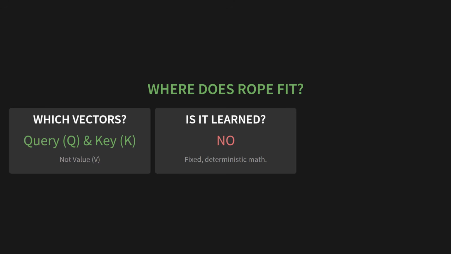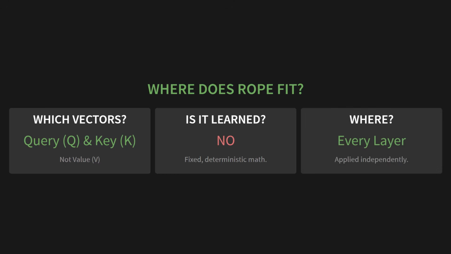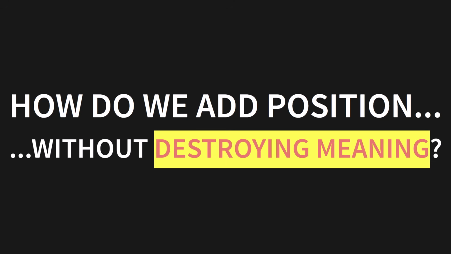The rotations are fixed deterministic math. It's not something the model has to figure out through training. And finally, where is it applied? It's applied in every single attention block, independently, at every layer of the model. So here's the billion-dollar question. How do we add positional information without completely destroying the original semantic meaning of the token?